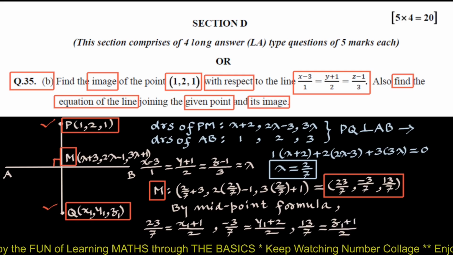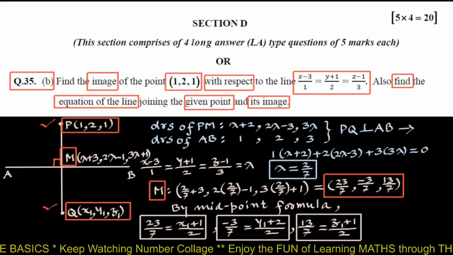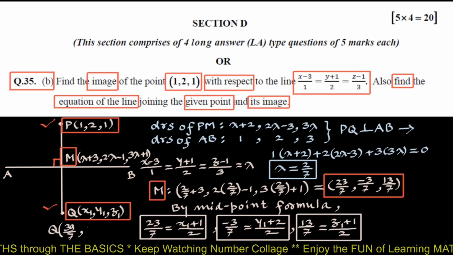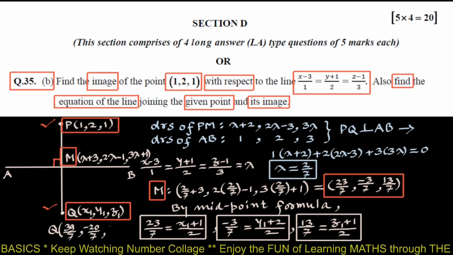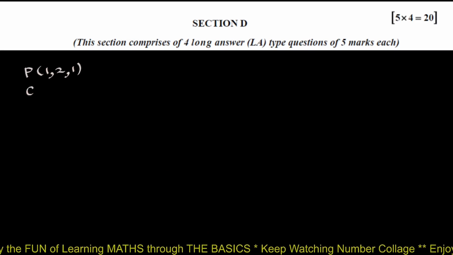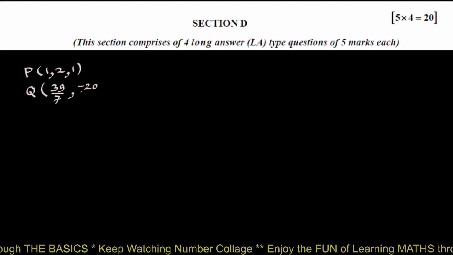After solving these three equations, we get coordinates of Q to be 39 upon 7, minus 20 upon 7, 19 upon 7. Now we have coordinates of P 1, 2, 1 and that of Q 39 upon 7, minus 20 upon 7, 19 upon 7.